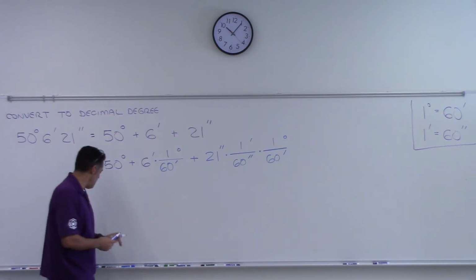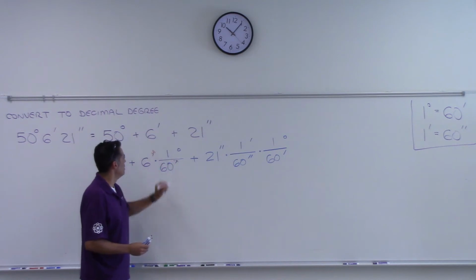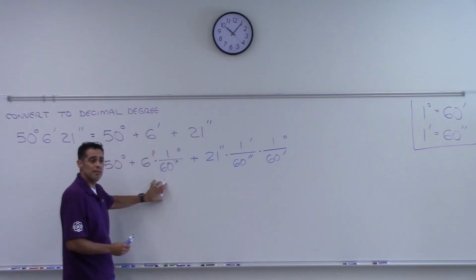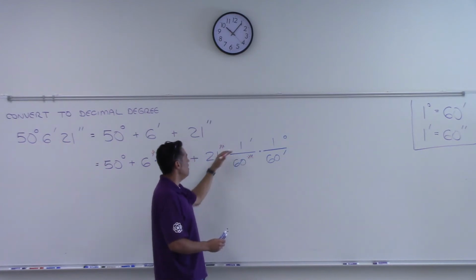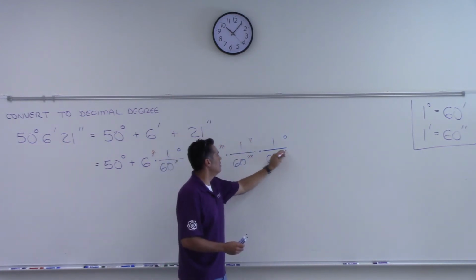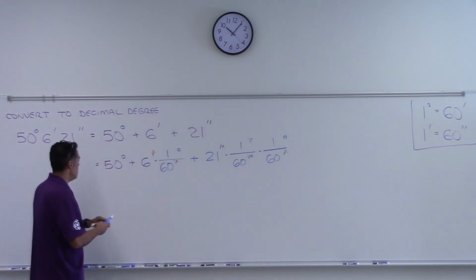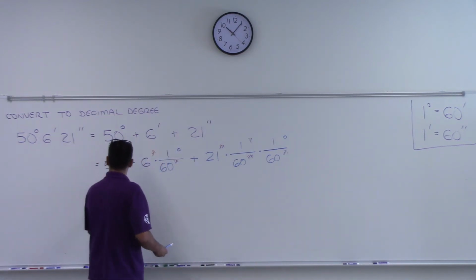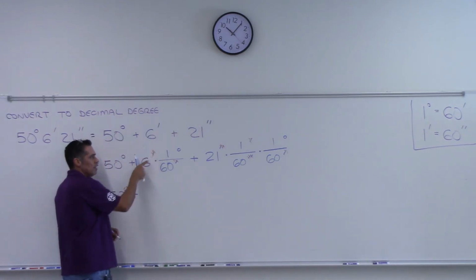So I'm just going to, again, stress the fact that the degrees go away here. So my answer here is going to be in degrees. Then here, these seconds cancel. Now I've got minutes, but then the minutes cancel, and now I've got degrees. So I just have to do this arithmetic on my calculator. 50 degrees plus, here, that 6 is really on top, isn't it?